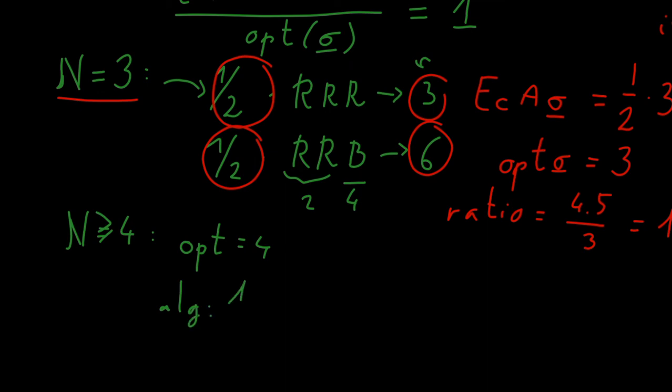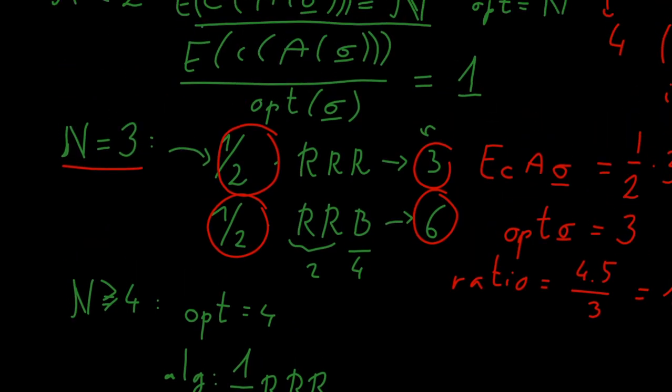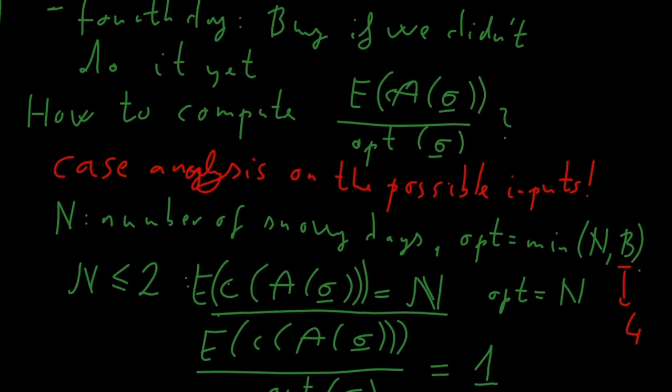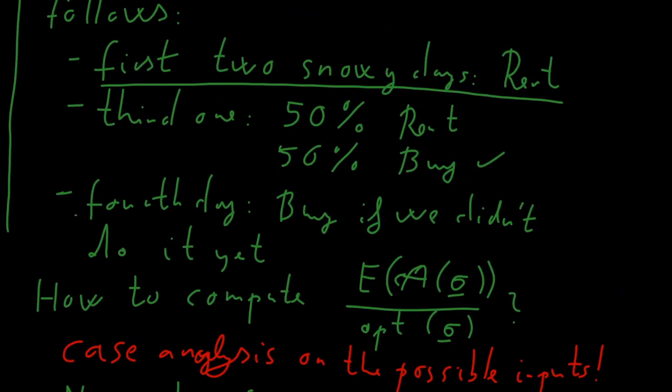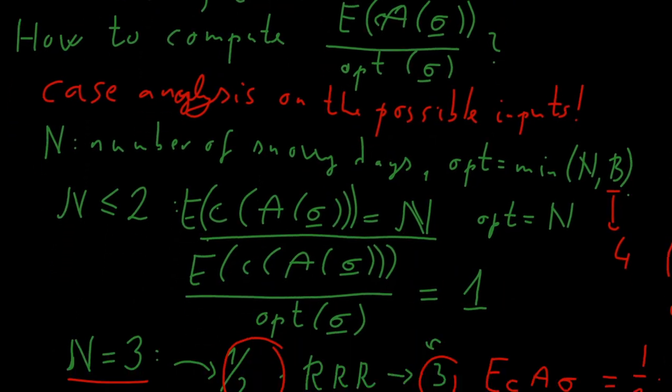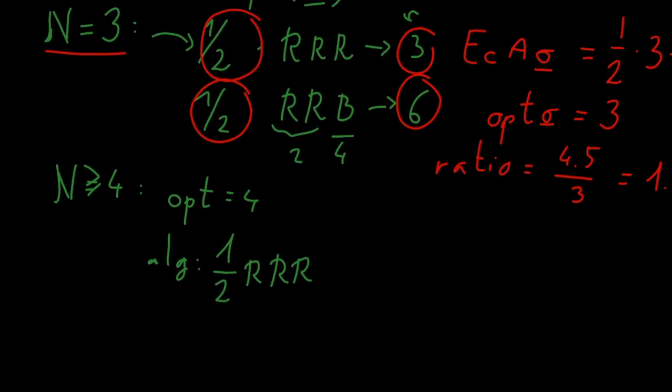So we will have 1/2 probability where we just rent and decide to rent on the third day as well. But this particular algorithm says that if there is a fourth day, then we buy, if we didn't do it. So in this algorithm, I will definitely buy in this case.